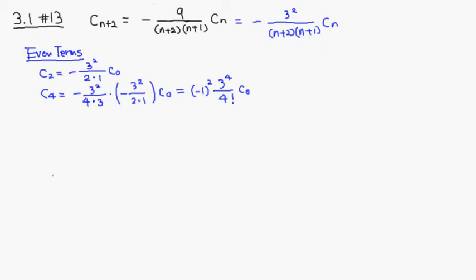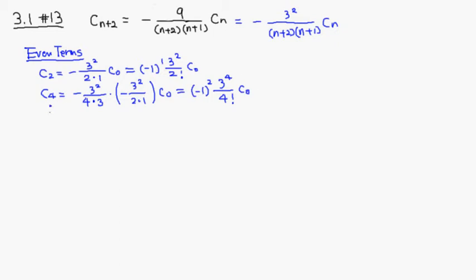All right. I'm already seeing the pattern, so you can see that it's going to be negative 1 to the first power and 3 squared over 2 times 1, which is 2 factorial, C0.